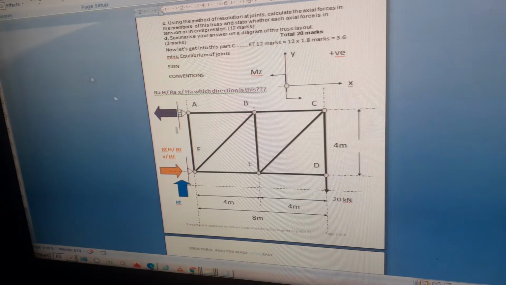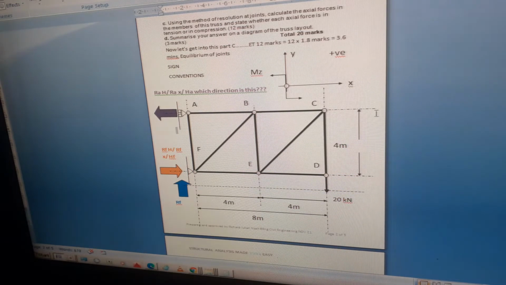So that was a tension reaction here. Then we got a positive reaction here for RFH and RFV. So minus 40 was RAH, 40 was RFH, RFV is 20.